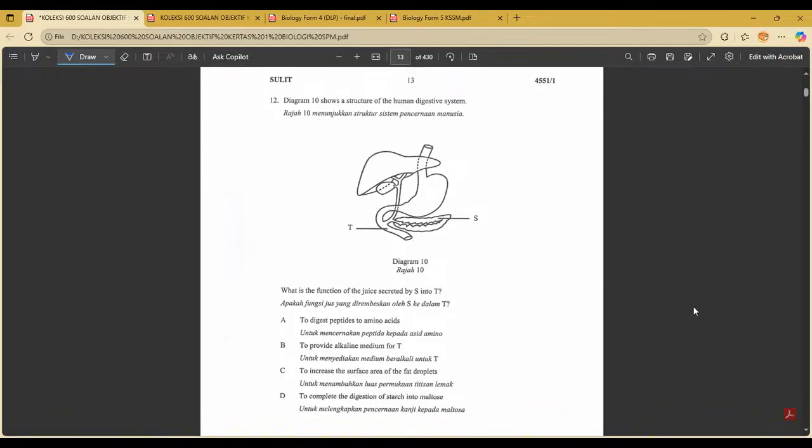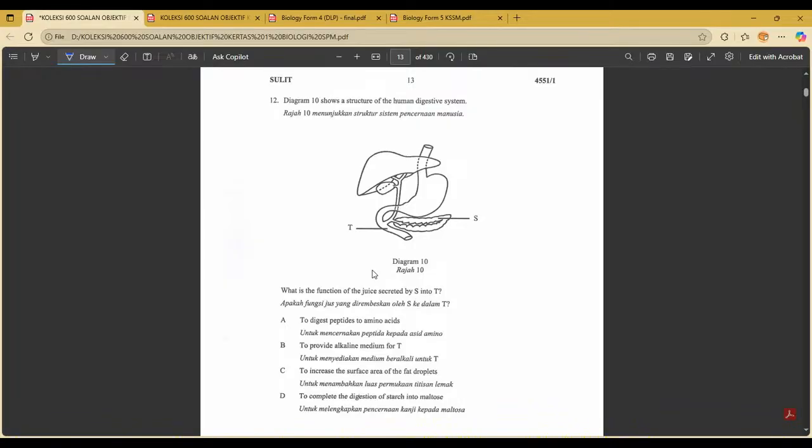What is the function of U secreted by S into T? The stomach is acidic, but T onwards, I think it's basic, slightly basic.